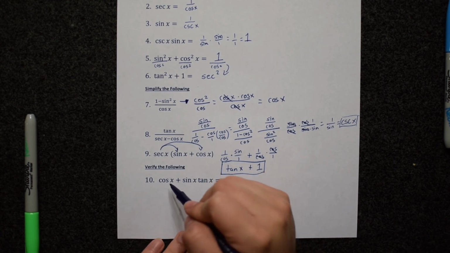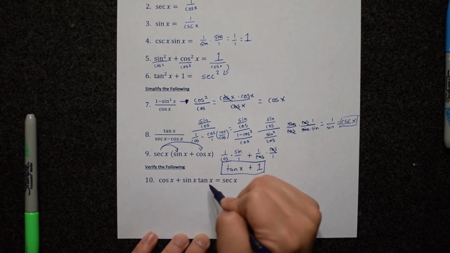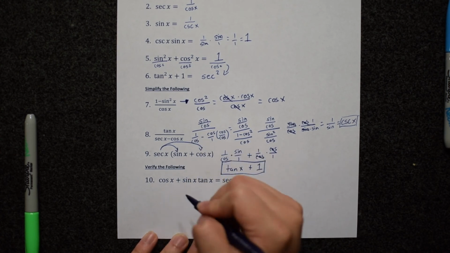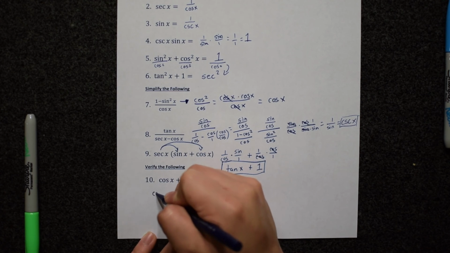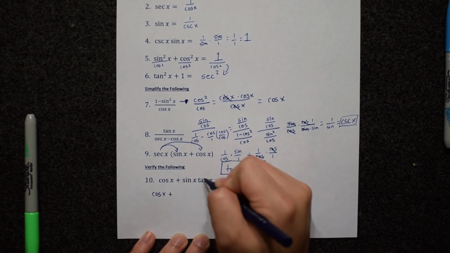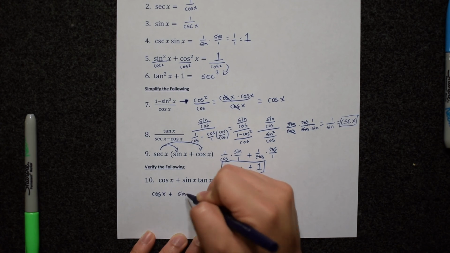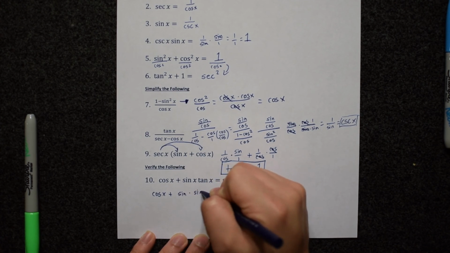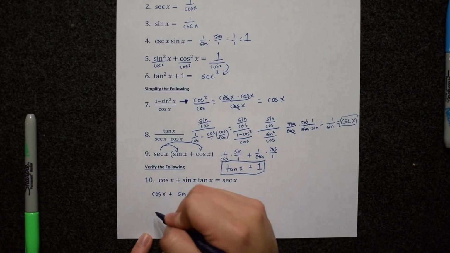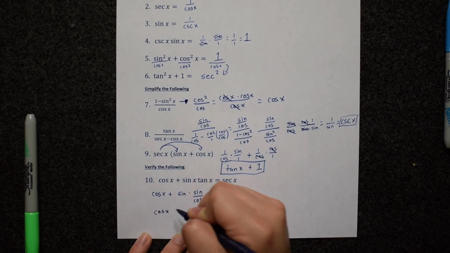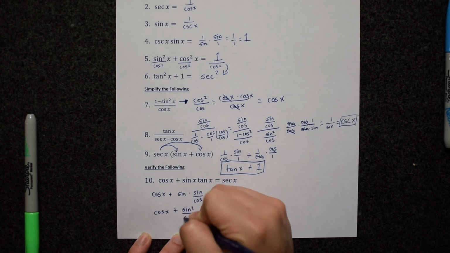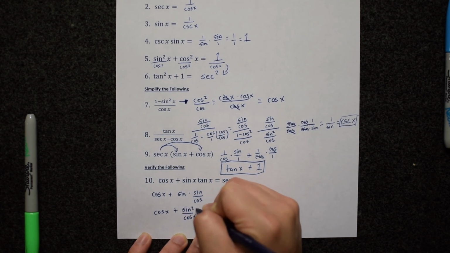And you are going to, first of all, turn everything into terms of sine and cosine, and then see if you can simplify anything. So cosine will remain as cosine of x for now. We're going to be adding it to sine times sine over cosine. What we end up with is cosine of x plus sine squared over cosine.